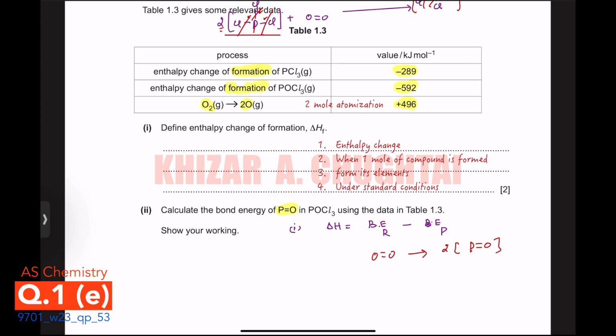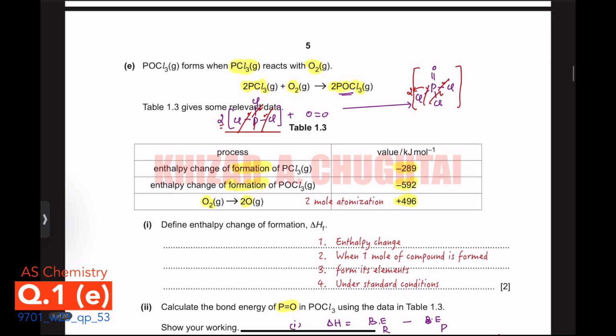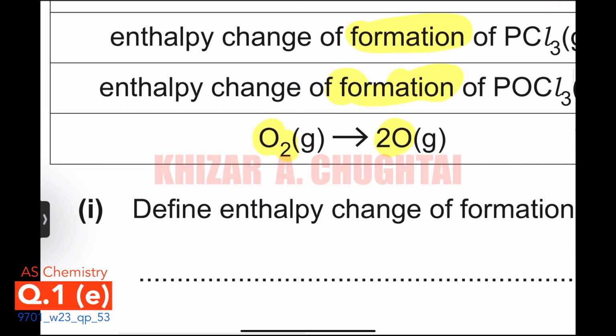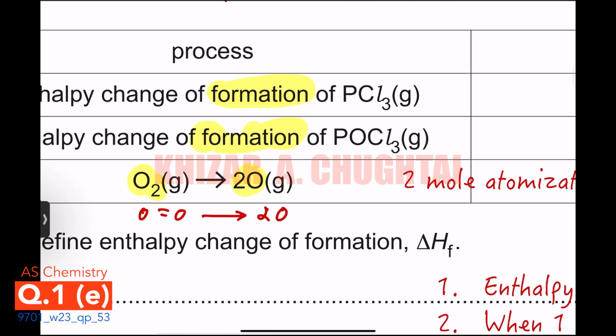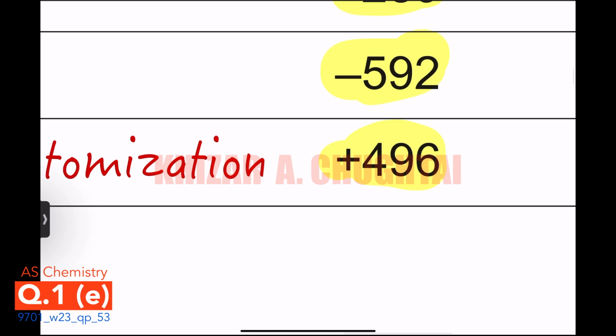Now what to do? I'm having the atomization of oxygen, and the bond energy of O double bond O I can calculate from this data. Yes, if I'm going to break this O double bond, obviously 2 mole of oxygen atoms will be formed. At that time, how much energy is required? Plus 496.